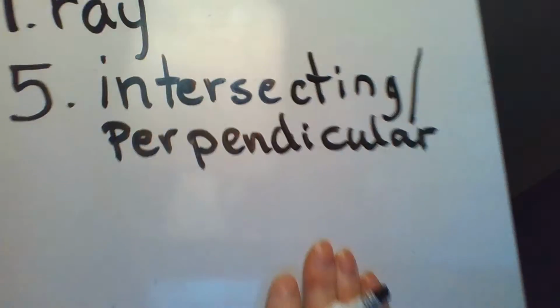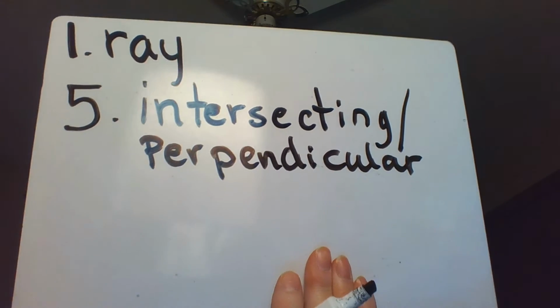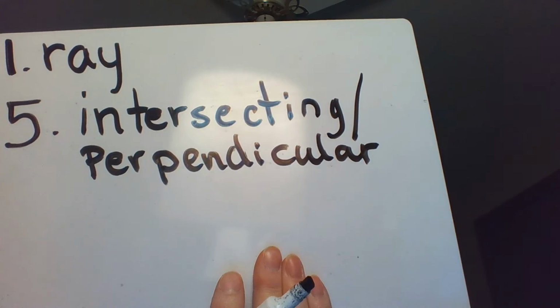But they are also perpendicular because they form those 90-degree angles. So I'm going to write both down for number 5, intersecting and perpendicular. And then you're going to do the same thing for 6, 7, and 8. And that is the reteach side.